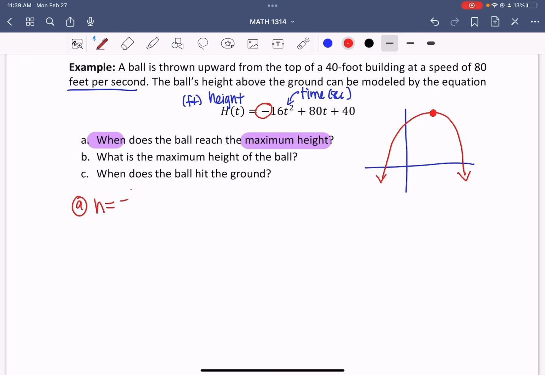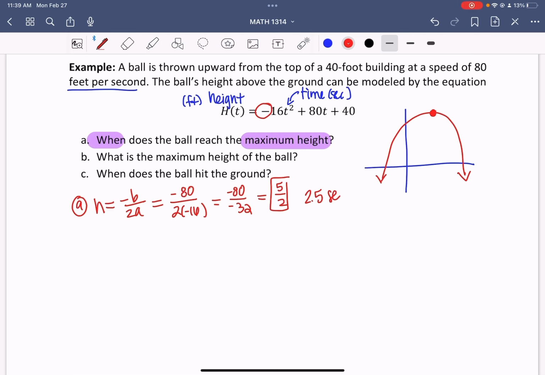I'm going to use h equals negative b over 2a. Let's see, b would be 80 over 2 times negative 16, just like we've been pulling those a and b values. Cleaning that up, that gives me negative 80 over negative 32, or using your on-screen calculator, that reduces to 5 over 2. So when does the ball reach the max height?